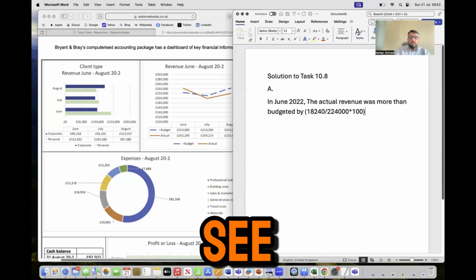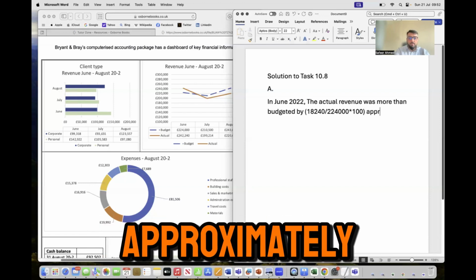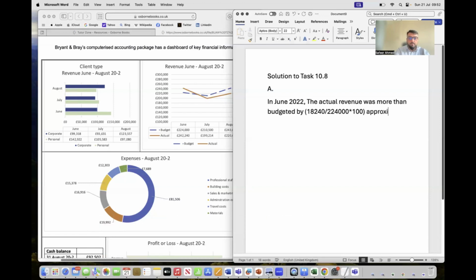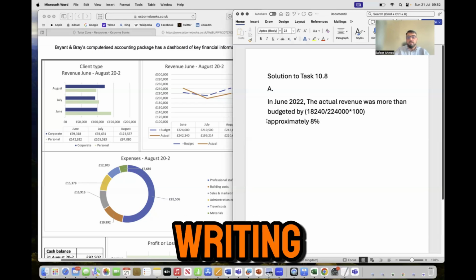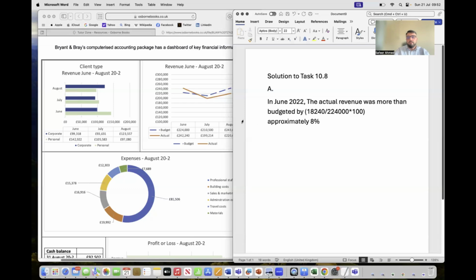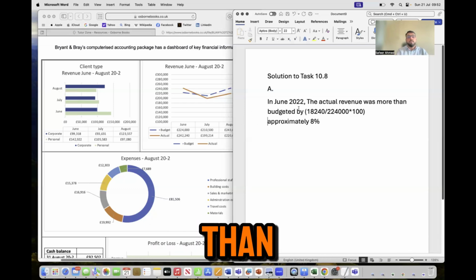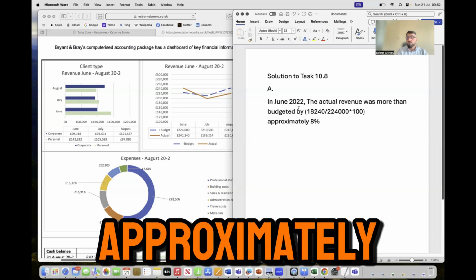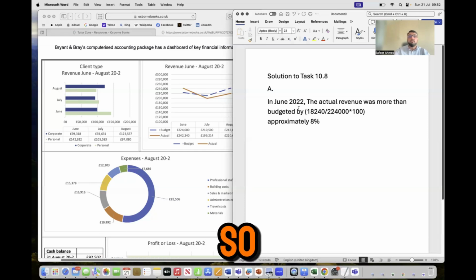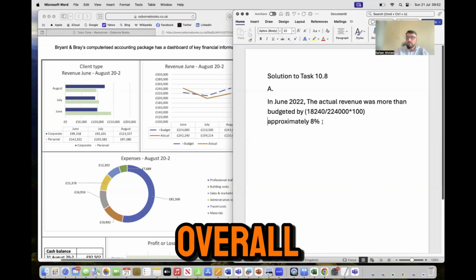So you can say approximately 8%. In other words, what you're writing here is that in June 2022, the actual revenue was more than budgeted by approximately 8%, which means that the firm has performed well overall.